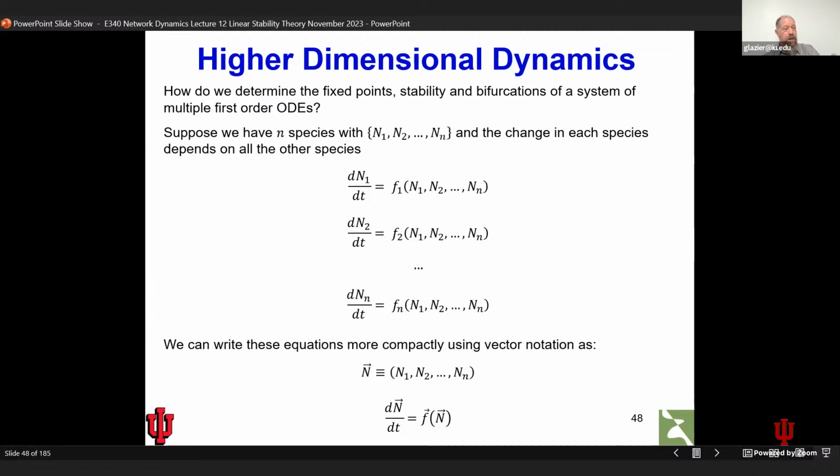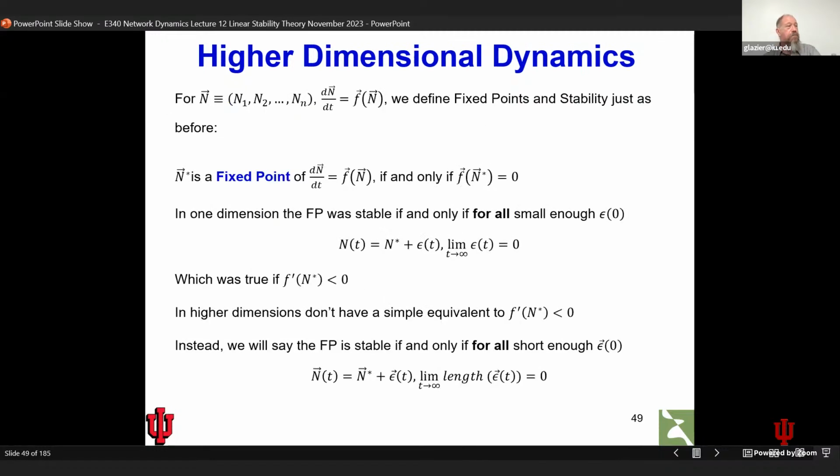So we'll write, again, dn/dt is equal to some vector function of n. Okay. And the stability is going to be defined just the way we did it before, which is a fixed point will be a set of concentrations for which f of that is 0.